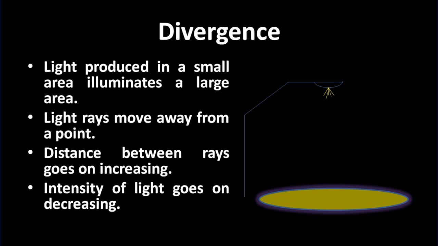During this process, light rays move away from a point. In this process, the distance between the rays goes on increasing. Also, the intensity of light goes on decreasing.